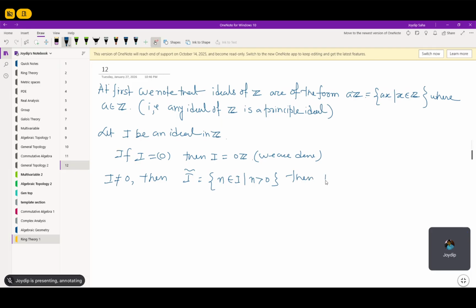Then I tilde is non-empty. Why? As I is not equal to 0, there exists x belongs to I such that x is not 0. If x is positive, then x belongs to I tilde.